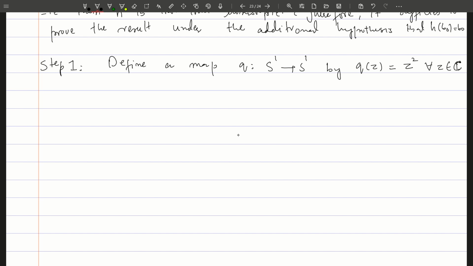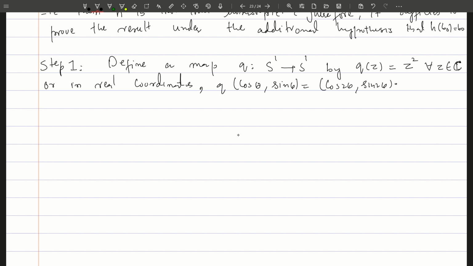Or in the real coordinates, Q of cos theta, sin theta is cos 2 theta, sin 2 theta.